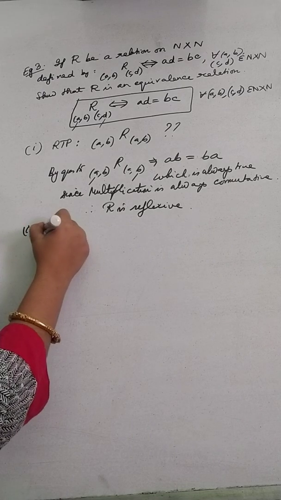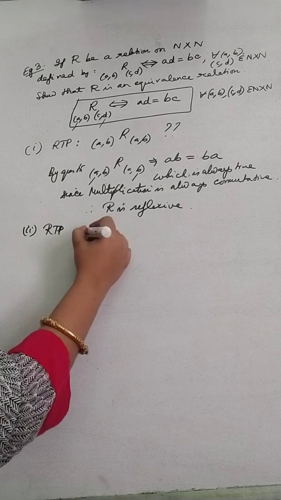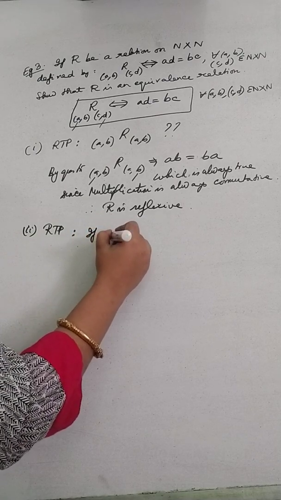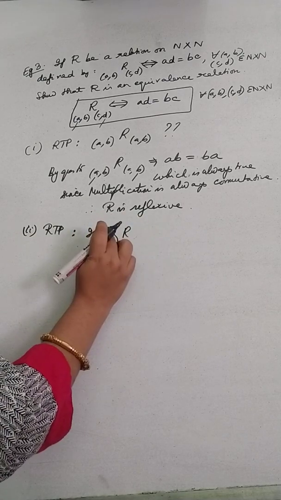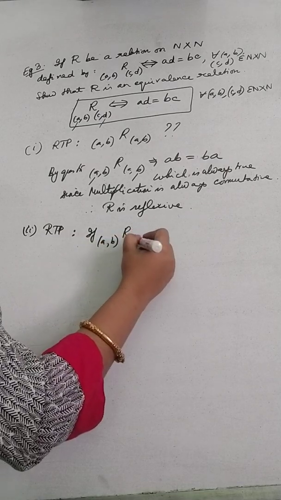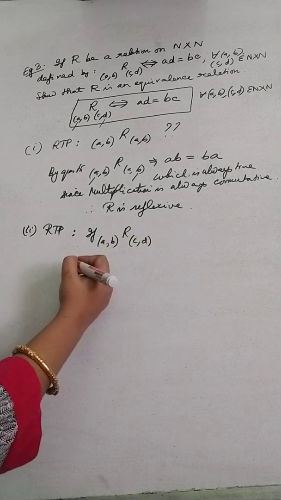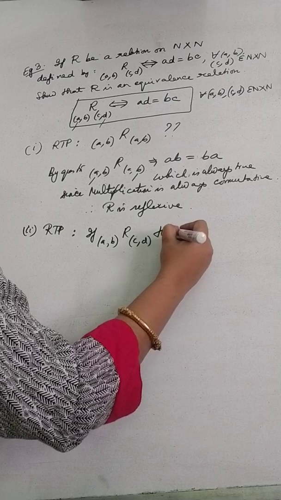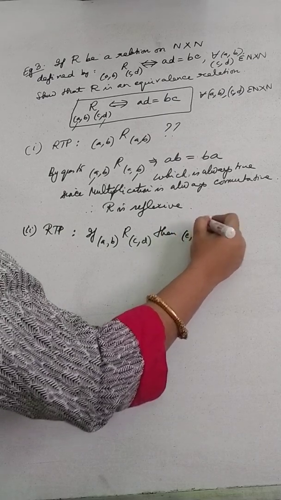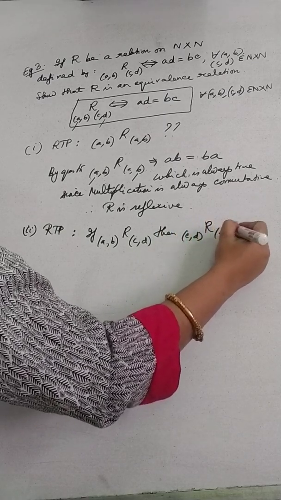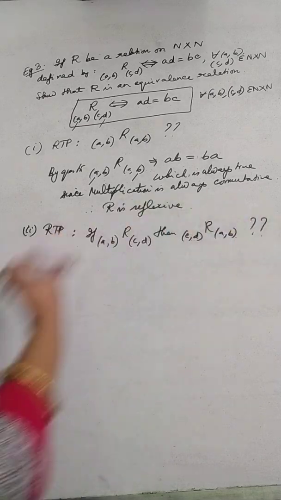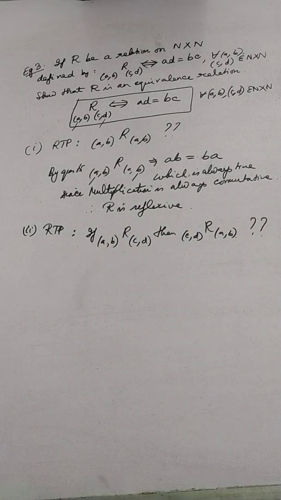That means we have to show that if the pair AB is related to CD, then CD is also related to AB. This is what I have to show. Whether this is happening or not, this is what I have to show.